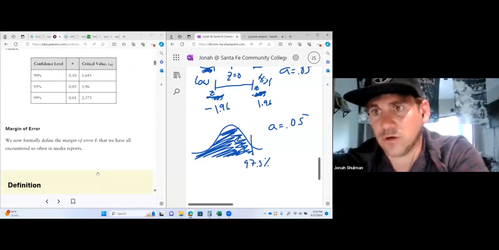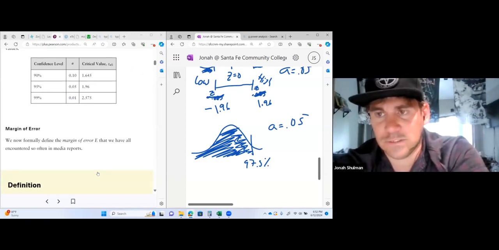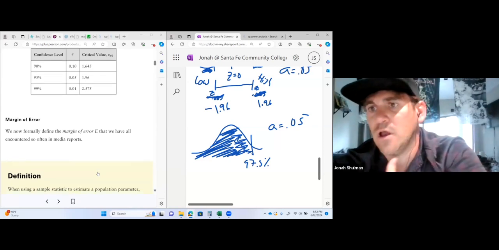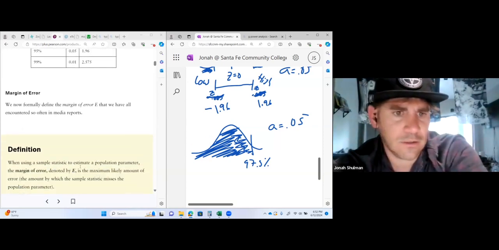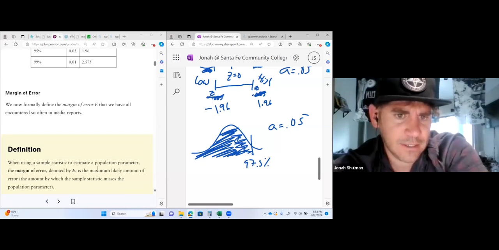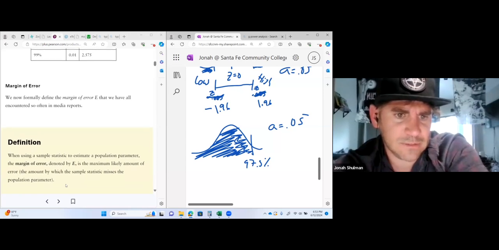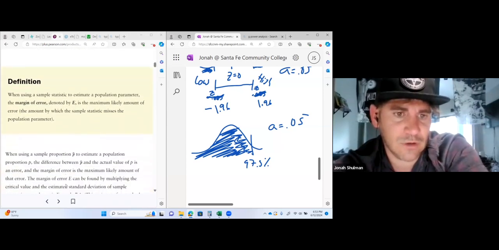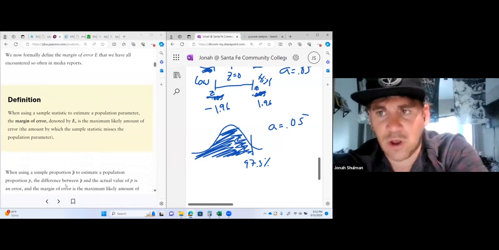All right, error. Because this is us doing stats, there's always going to be error here. Okay, so for our error, when using a sample statistic to estimate the population parameter, the margin of error E is the maximum likely amount by which the sample statistic misses the parameter. So can we be off? Yes.